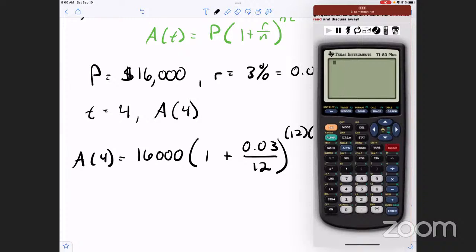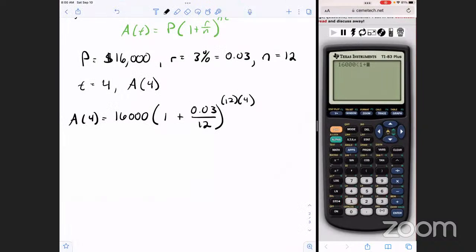In my calculator, I'm going to type 16,000, parentheses, 1 plus 0.03 divided by 12, to the power of, and I want this operation to happen before we take the exponent, so I'm putting the exponent in parentheses.